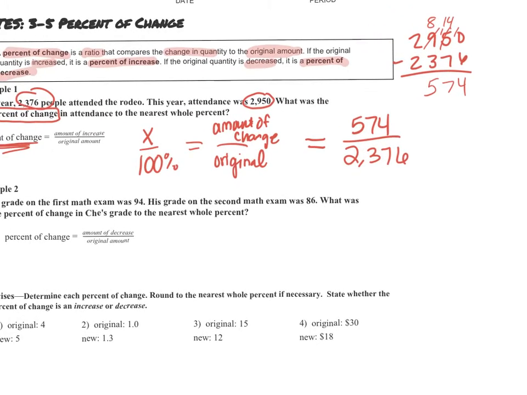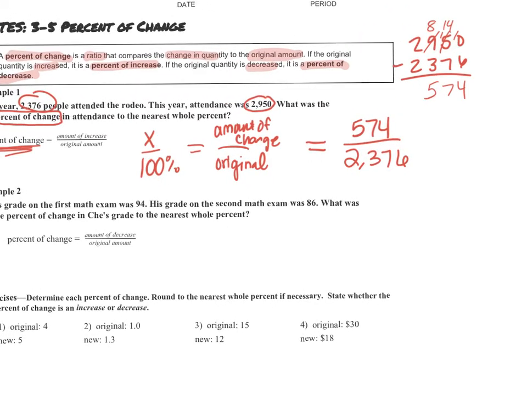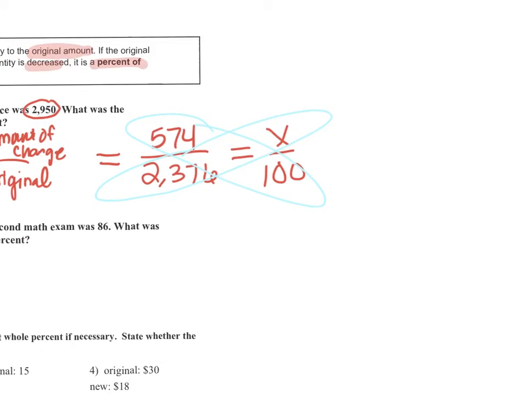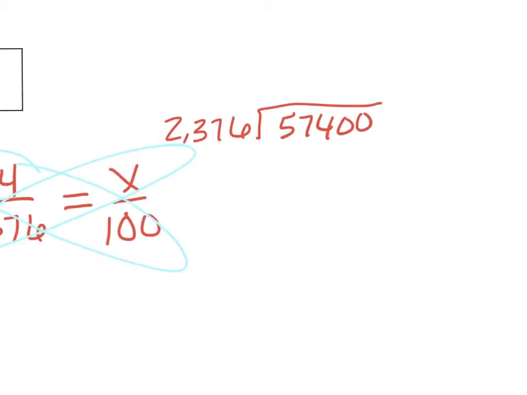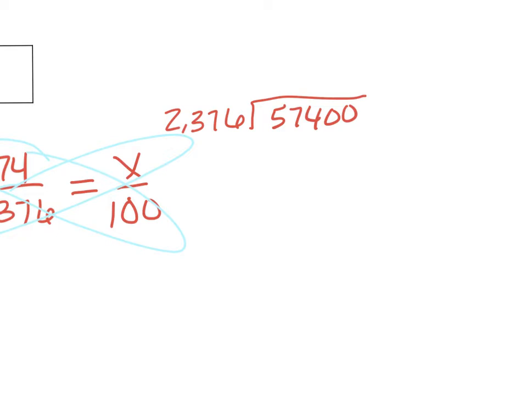Then I'm going to solve that proportion. So 574 over 2,376 equals x over 100. If we cross multiply, it'll be 57,400 divided by 2,376. But think about it like you're estimating, since these are huge numbers and it's intimidating.